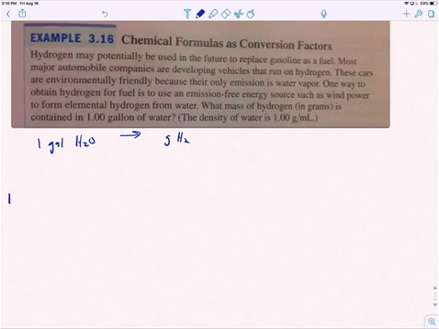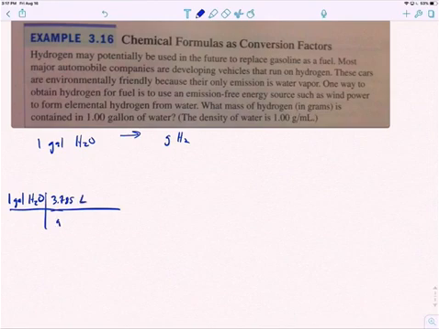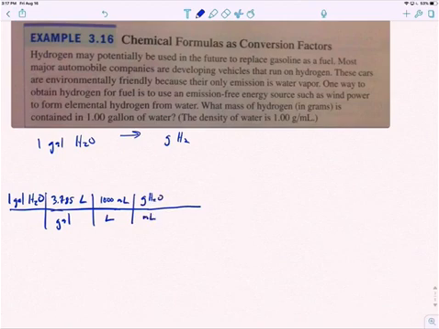You start off at the left with 1 gallon of water, and there are 3.785 liters per gallon. Then we have 1,000 milliliters per liter, and then 1 gram of water per milliliter.